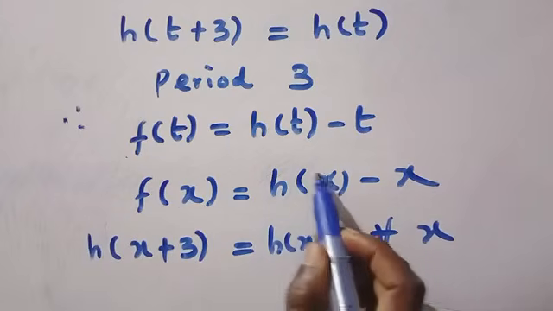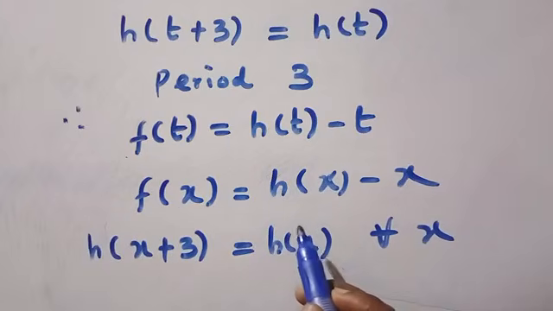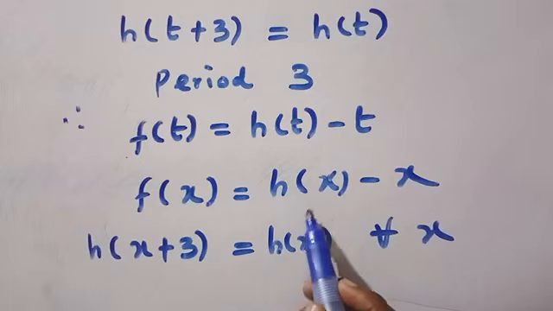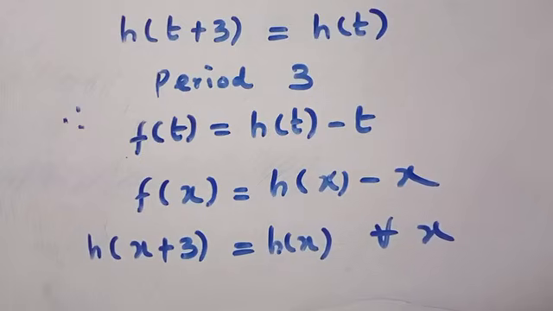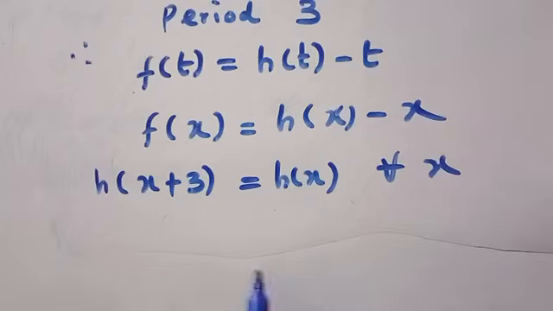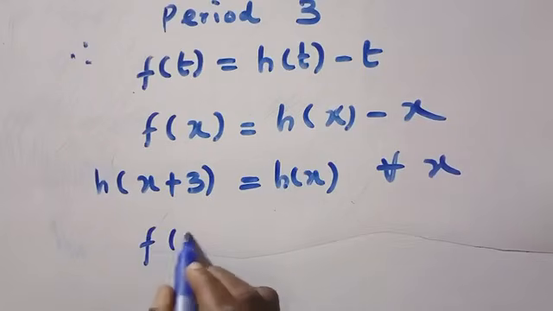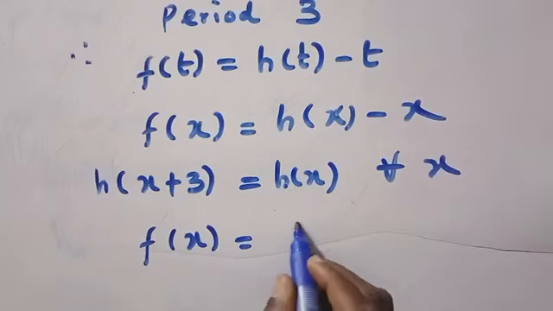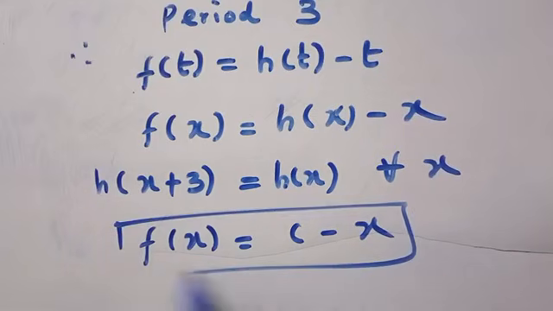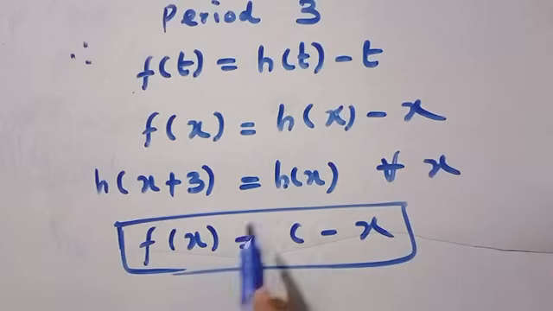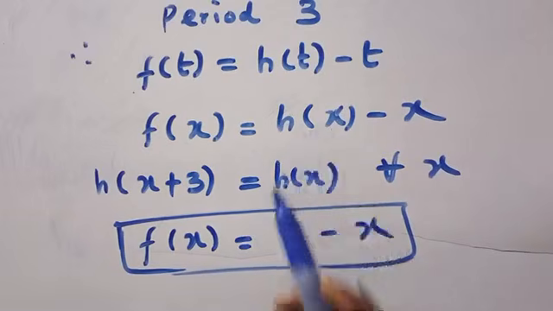Now h of x depends on the type of function we have. If it is a constant function, we change it to c. For the case of this given question, we then have f of x equals c minus x, or we can call it minus x plus c. But if there is any other function that we are given, this will depend on that function.